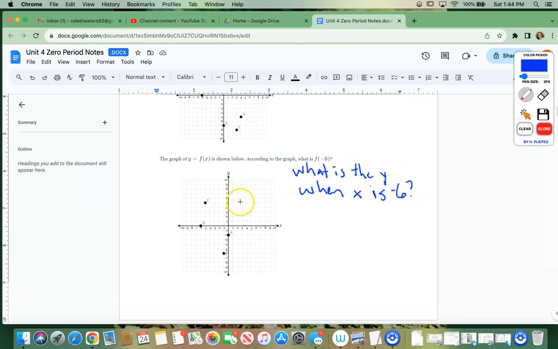So let's go and find where -6 is for the x. So this is the x-axis. Let's go to -6. Right here at D. Notice that point D, y is 0. So we can say f of -6 equals 0. Okay? So in other words, f of -6 is 0.